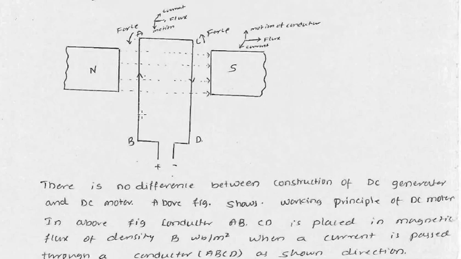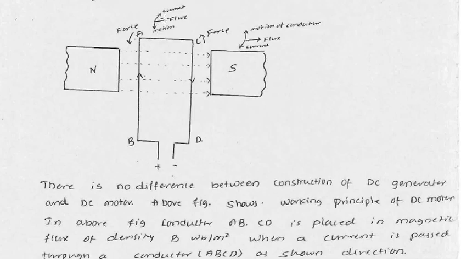So the magnetic field is in this direction, and the current is flowing in this direction. Then the thumb will give you the direction of motion.